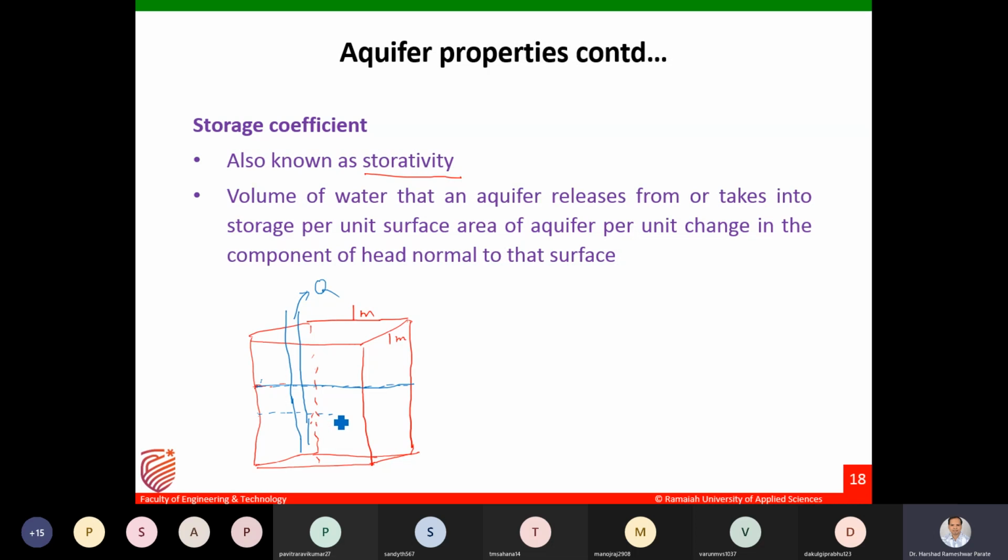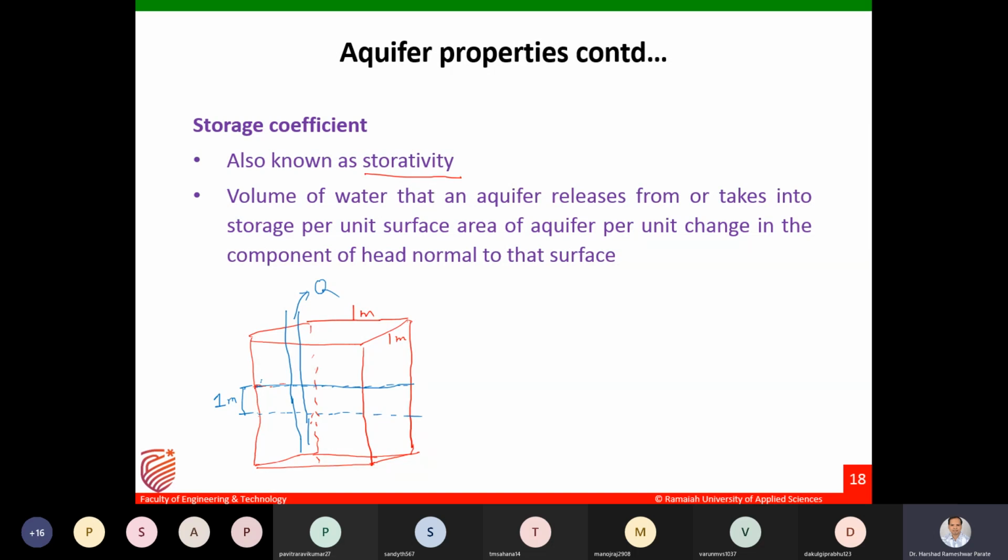That means suppose this is the new water level, and the difference between the new water level is 1 meter. The quantity of water I have pumped till the water level drops down by 1 meter is nothing but my storage coefficient or storativity. That means it's the volume of water that can be extracted from your aquifer if the water level falls down by 1 meter.